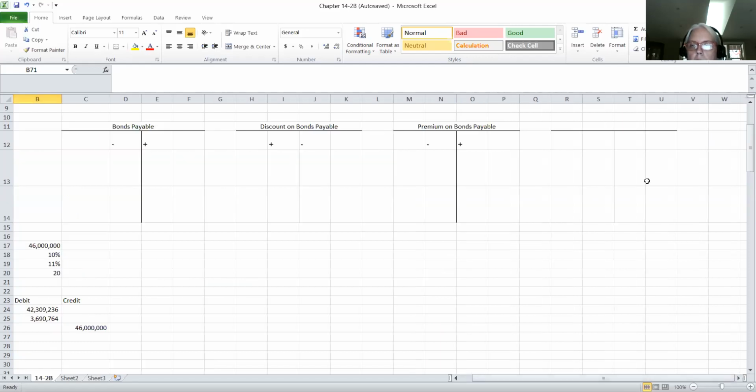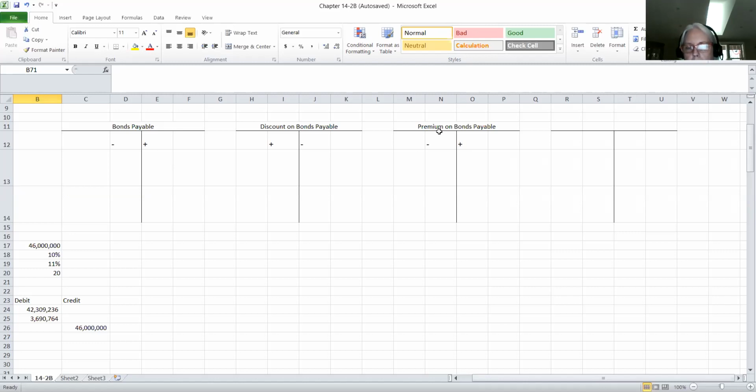A premium account is an adjunct account to the bonds payable account, which simply means we're going to have the same balance for the premium on the bonds payable as we do for the bonds payable account. In other words, the premium on bonds payable will increase on the credit side, just like our bonds payable will increase on the credit side.